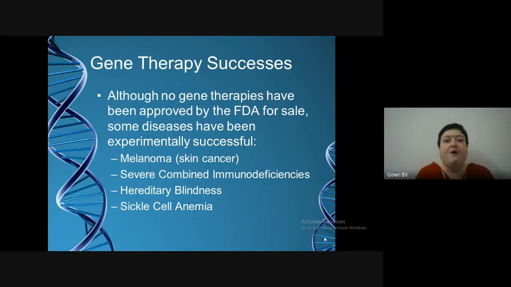So I repeat, although no gene therapies have been approved by the FDA for sale, some diseases have been experimentally successful.